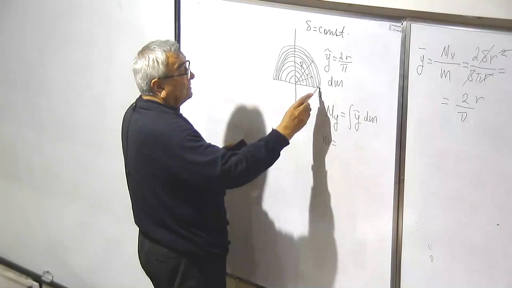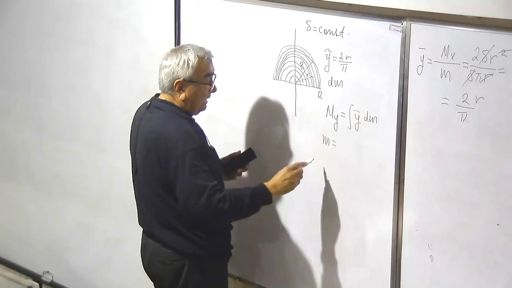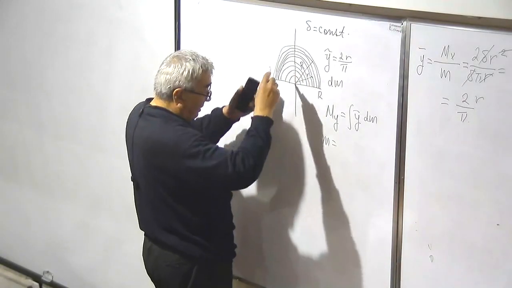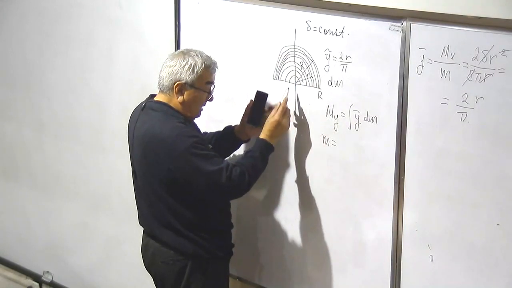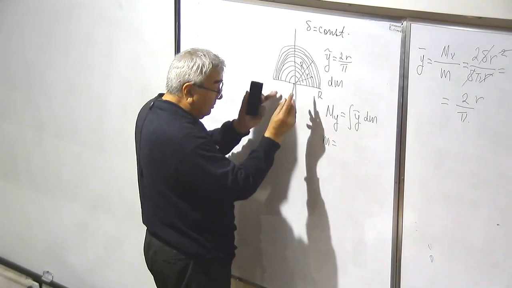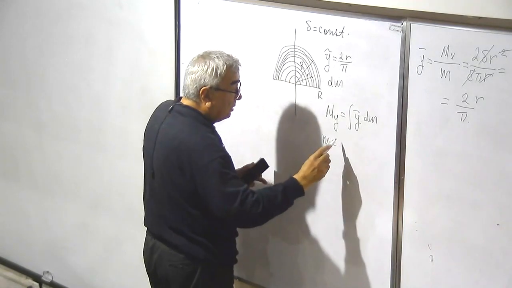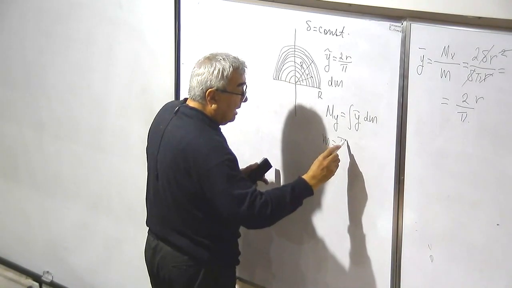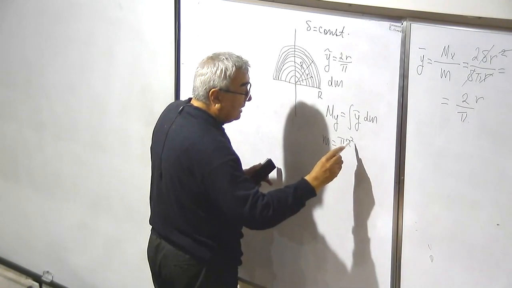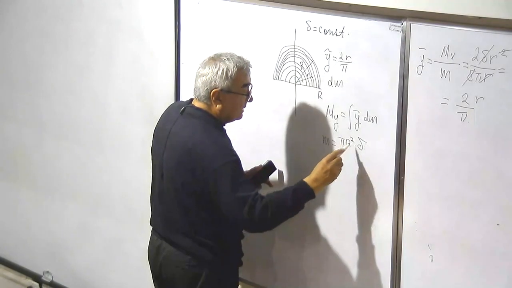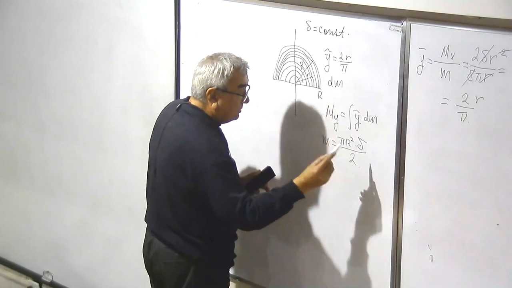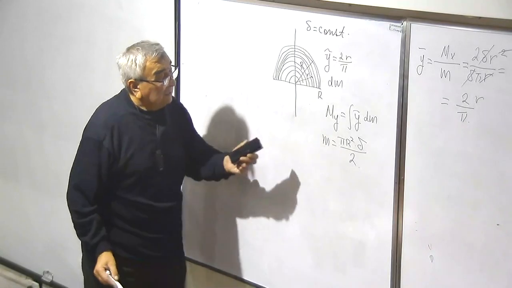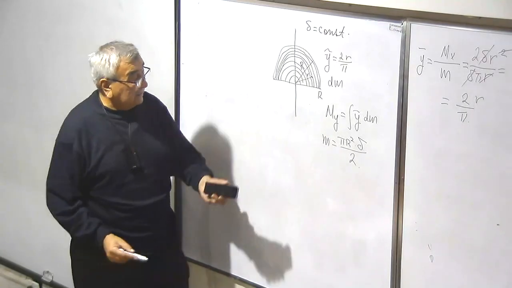This is a semicircle plate, therefore the mass, from the total disk mass, you must divide by 2, that means pi r squared multiplied by delta divided by 2. This will be the mass.